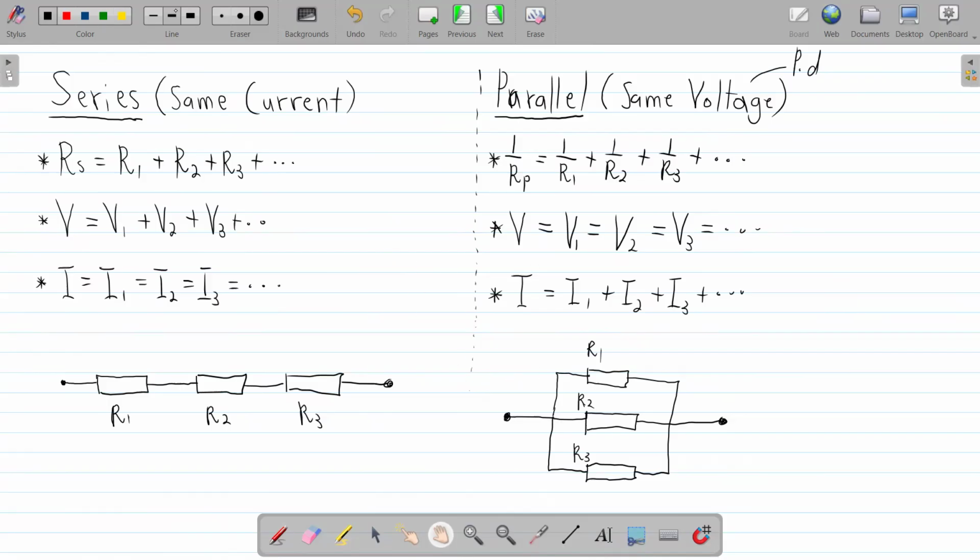So here they are connected alongside each other, and here they're connected one after the other.